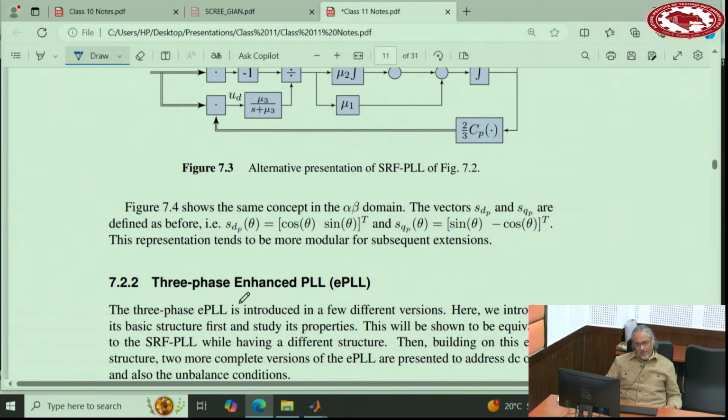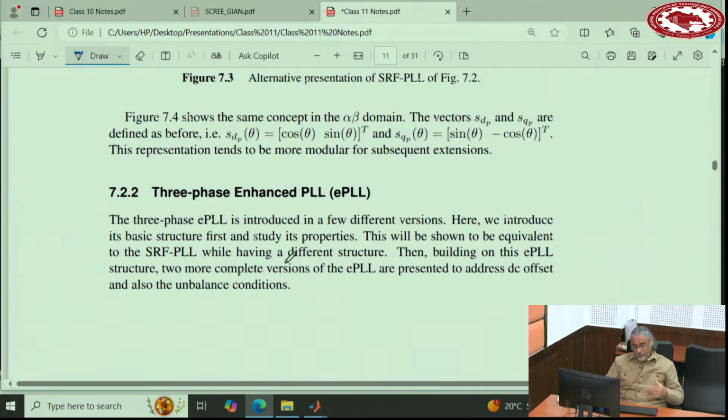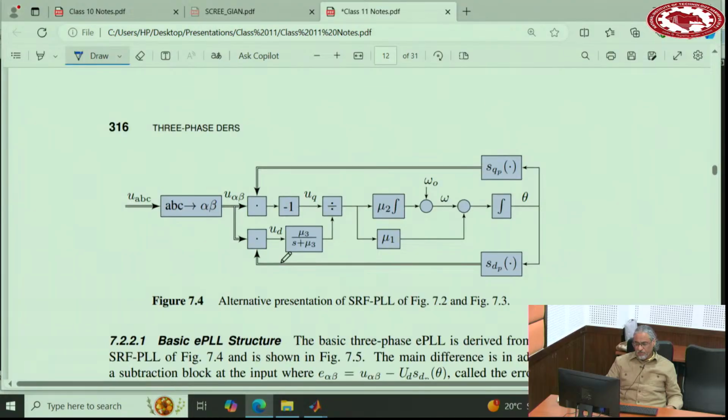Okay, so now that I have this one, I'm going to go one step ahead. This structure basically does the same thing in the alpha beta domain. So it says, let me first convert ABC to alpha beta and then alpha beta to DQ. Okay, that's the same thing, no problem.